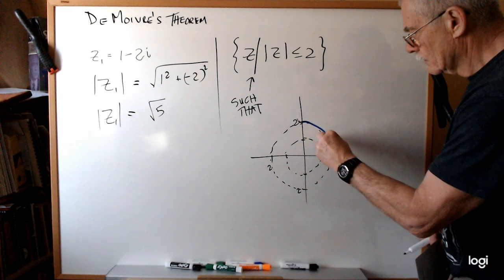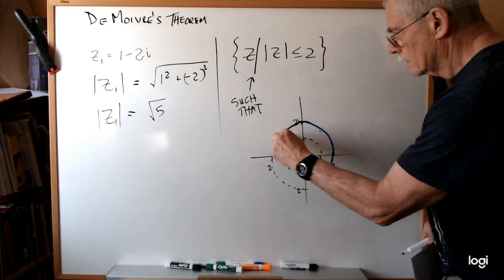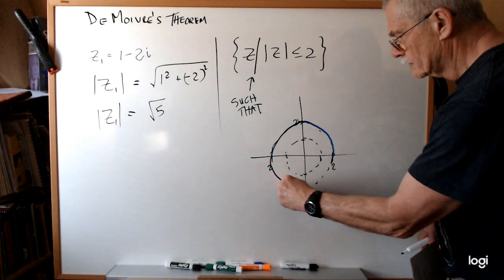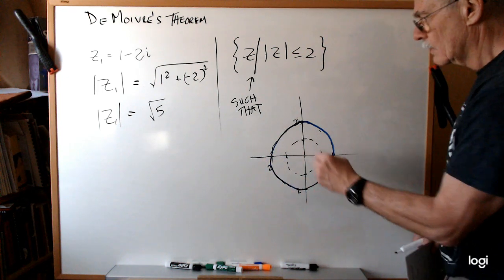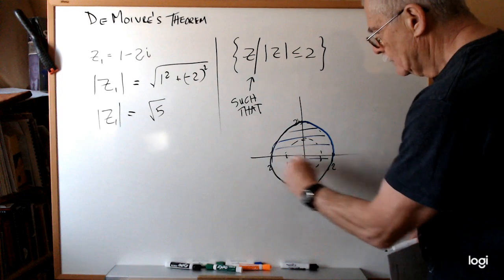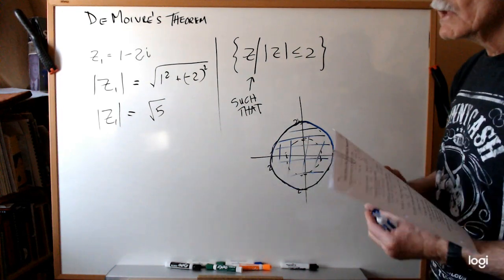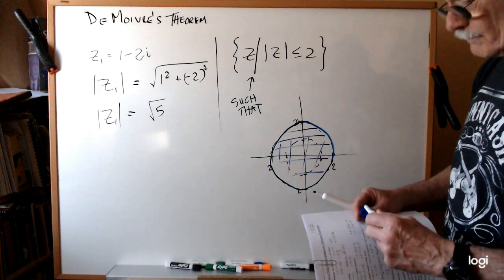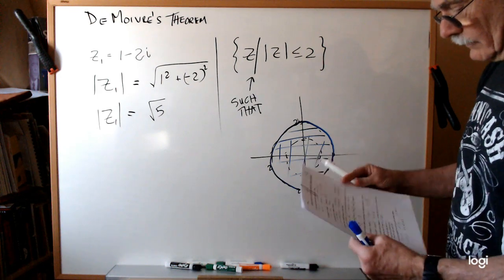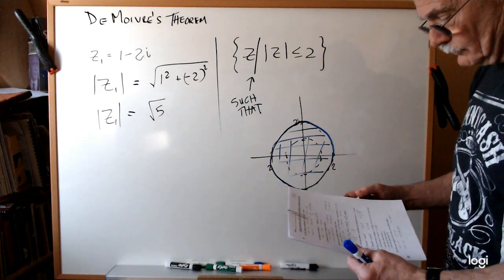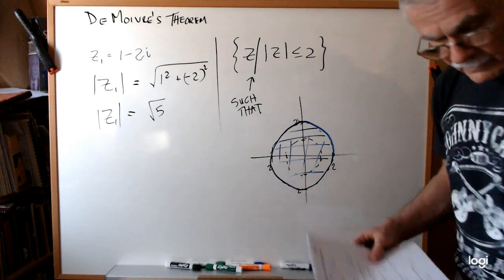So that would include the actual edge of the polar circle and all the points in between. So this would be a filled in disk with a boundary. That's the kind of stuff you should be able to do without too much difficulty.